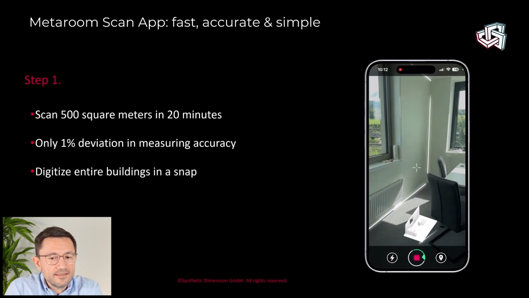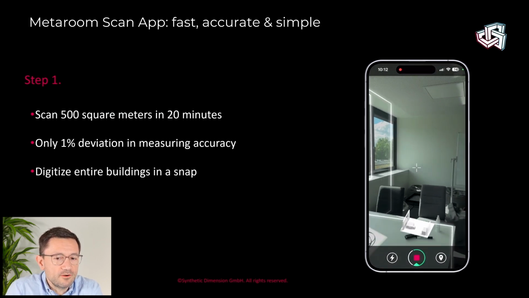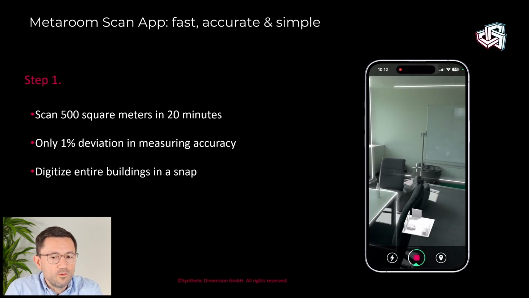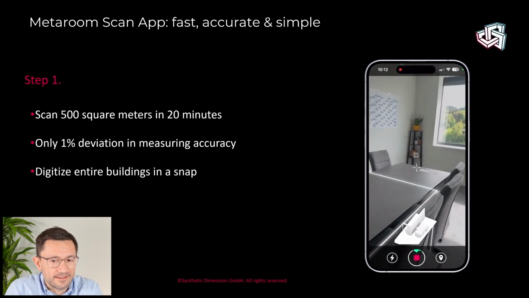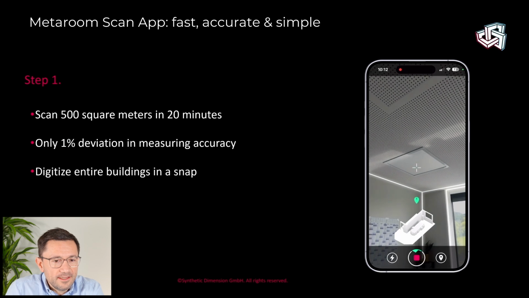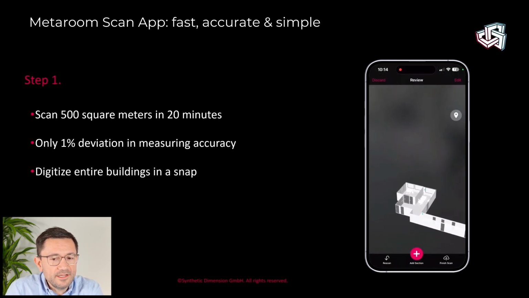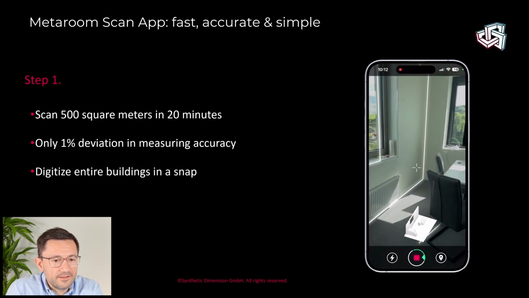So let's take a little bit deeper look into the first component. That's typically also the component where the customer journey is starting. So people download the app and they start scanning. You can see here some KPIs about it and some impressions. We will dig into scanning in the next section of the webinar in more detail.